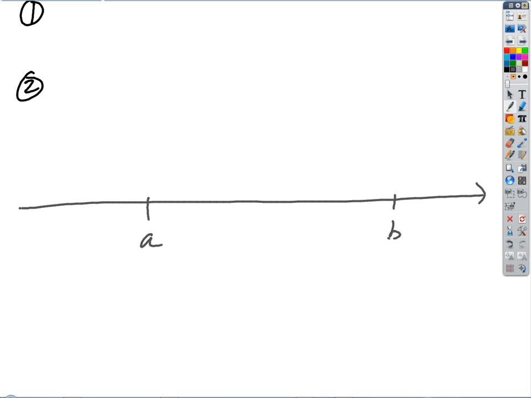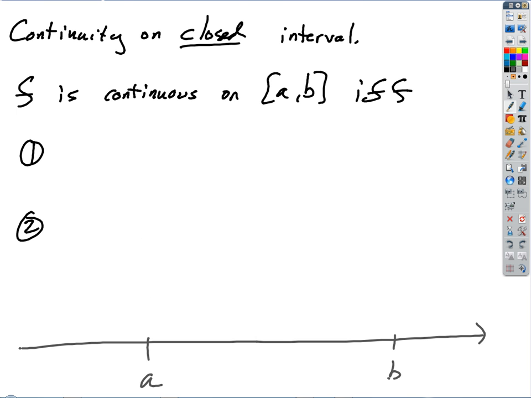But every point in between we've already accounted for with the open interval. So really, we've already done all the heavy lifting on some of this stuff. We could just say, for it to be continuous on the closed interval, well, it needs to be continuous on the open interval, and we already know what that means, right?